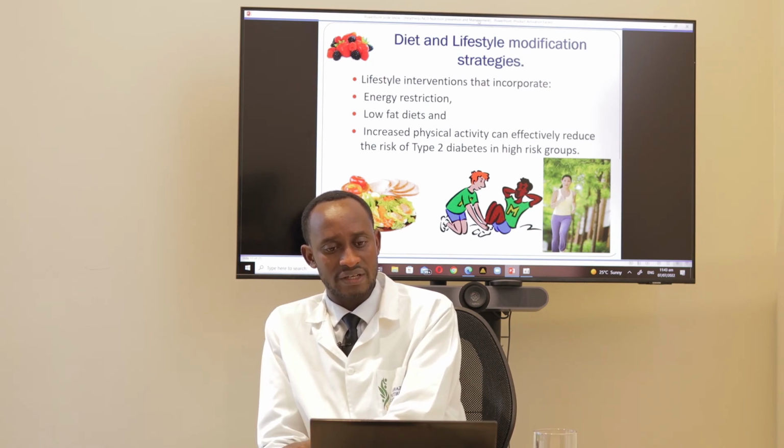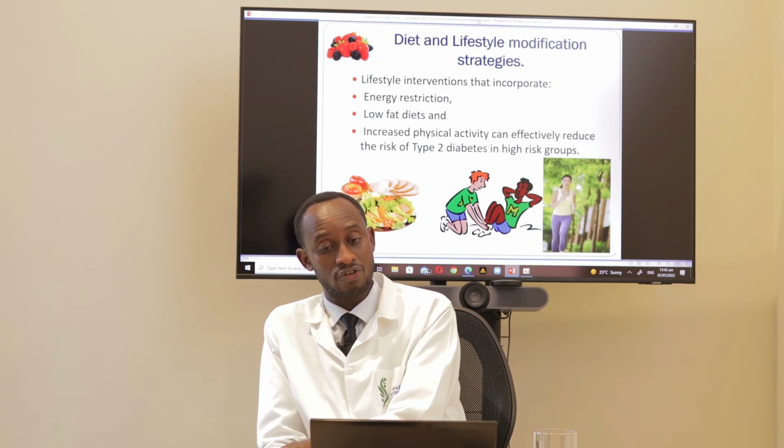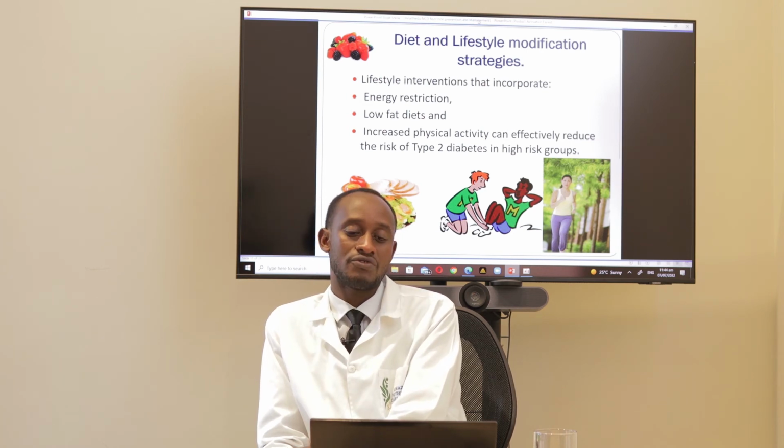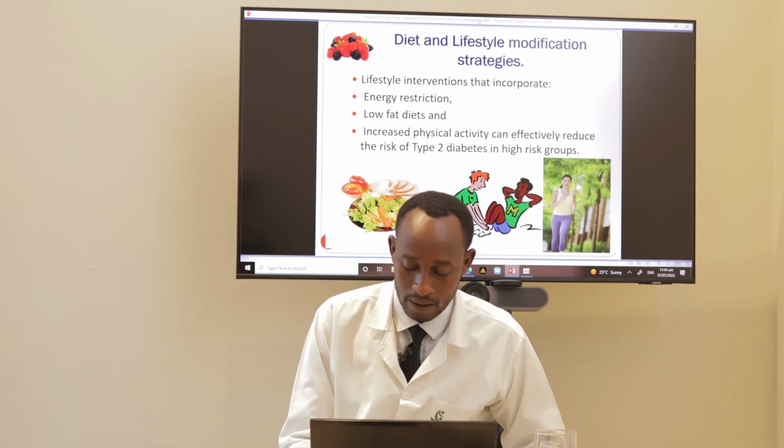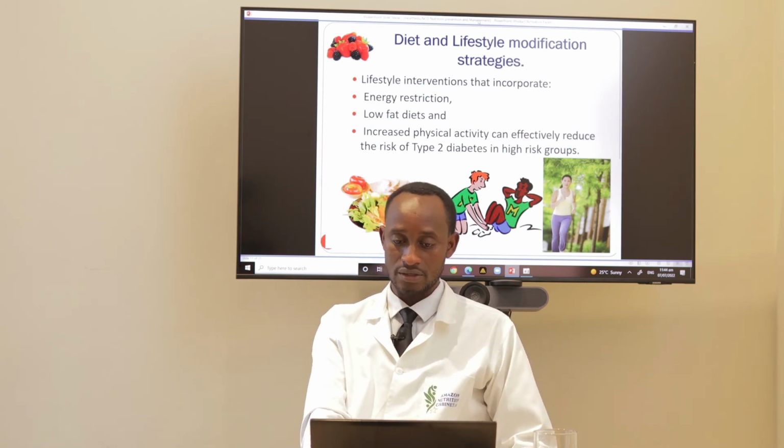We are talking of raw fats diets. Raw fats diets are also a very good strategy to avoid diabetes, and are associated with lifestyle modification. They are very highly advised. There is also increased physical activity that can effectively reduce the risk of type 2 diabetes in high risk groups.